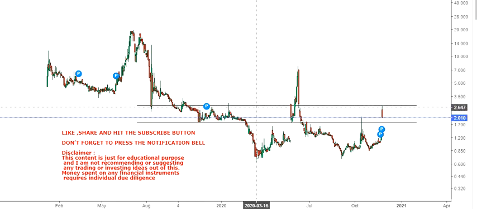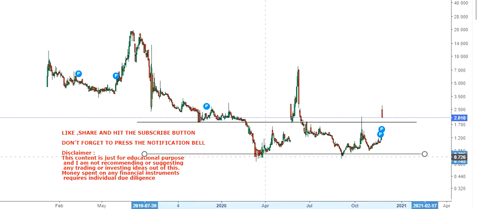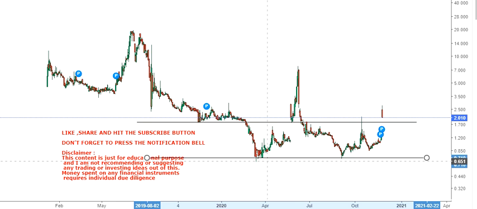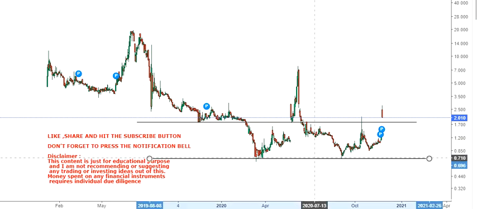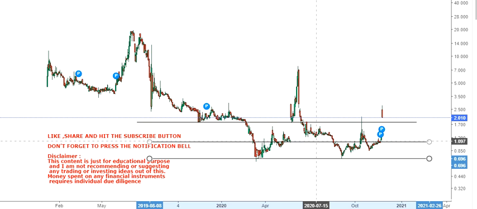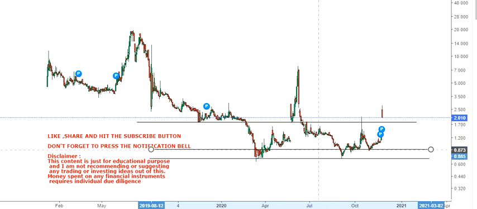I will tell you one thing: even if you are going to get some big returns in this stock, be very mindful of the fact that this stock by definition is very volatile in nature.